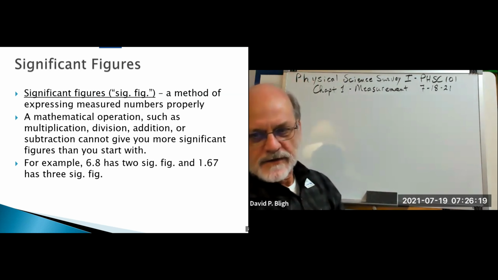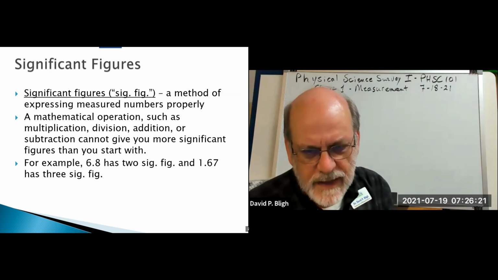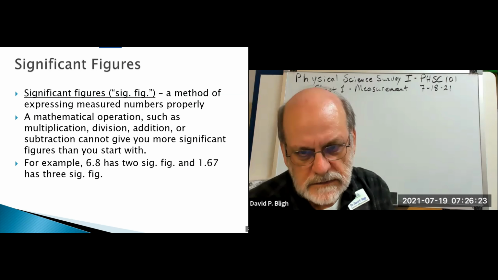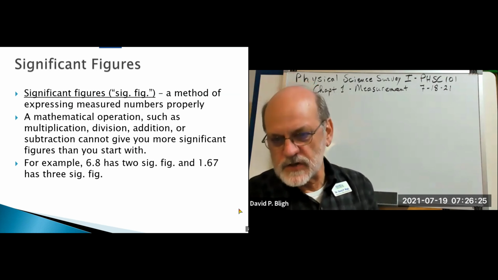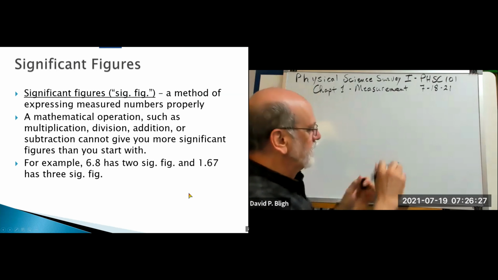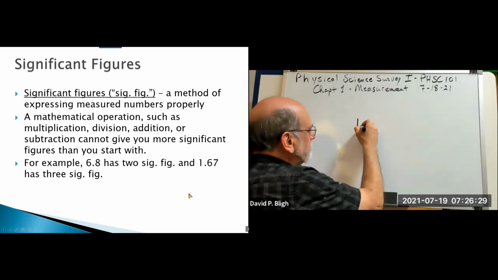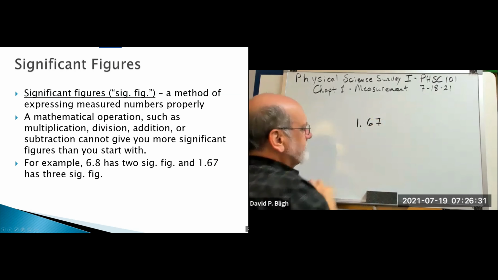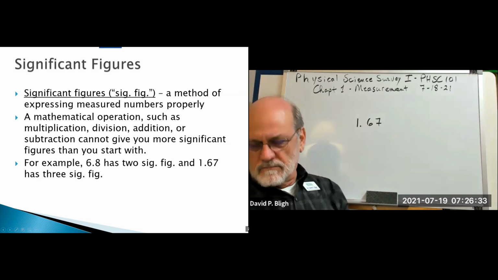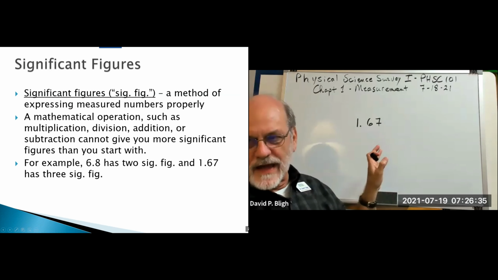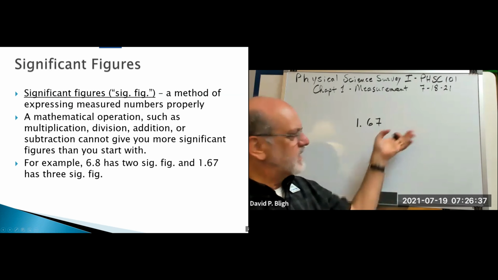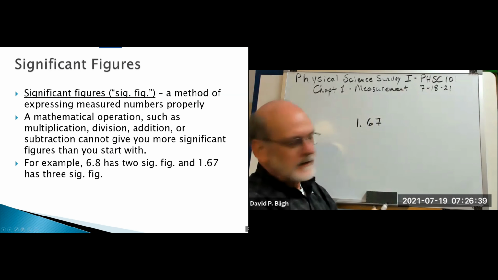Okay. So let's say we have, for example, 1.67. Let's use this one down here. 1.67. We're not going to talk about units right now. We're just talking about numbers. So it could be any units. It doesn't matter.